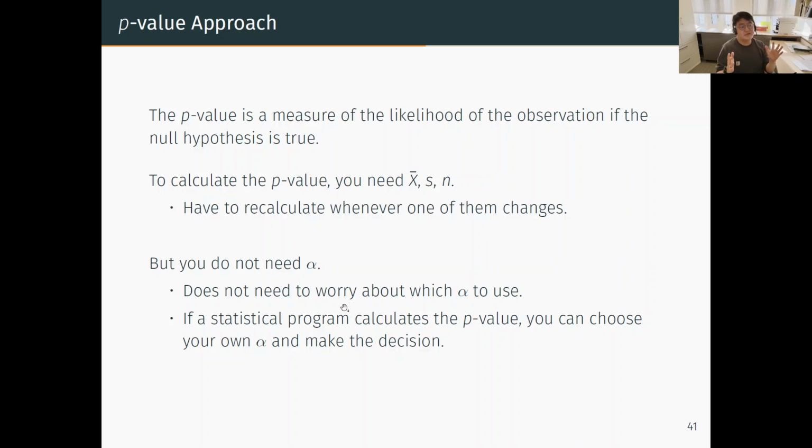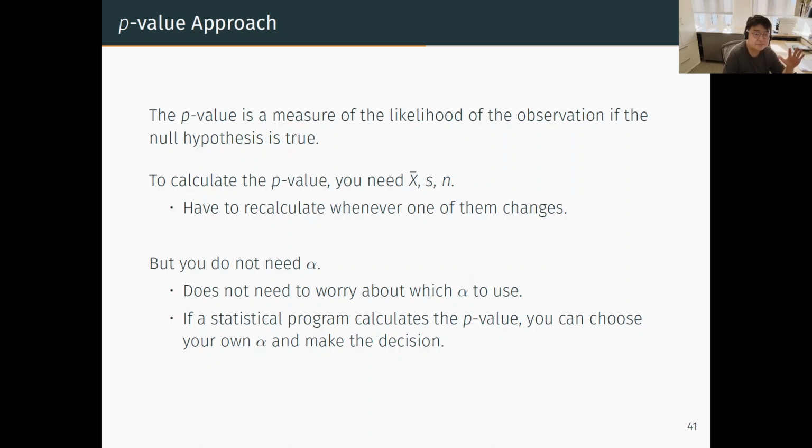The p-value is a measure of the likelihood, and it is calculated based on x bar, the sample average, the standard deviation from the data S, and the sample size. That means if you have new data, if you increase the sample size, then you have to recalculate the p-value.